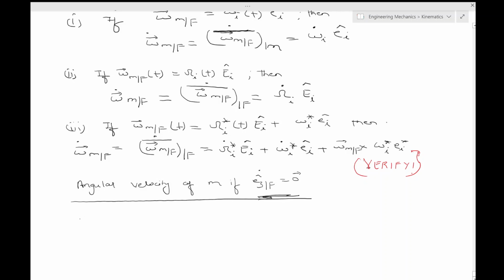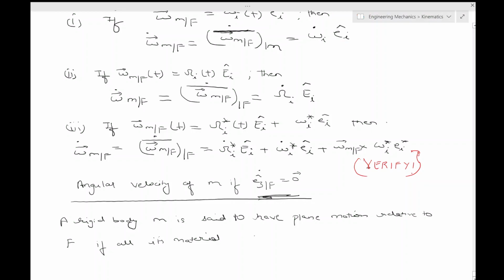A rigid body M is said to have plane motion relative to F if all its material points, I hope you can still recall how we defined the material point, there was a continuum hypothesis, all its material points have plane trajectories in parallel planes.